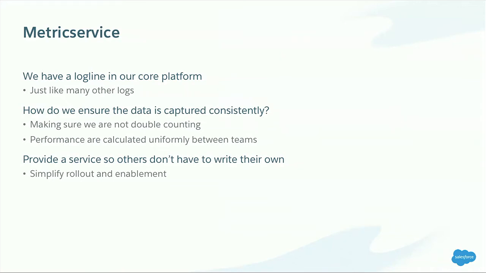But when you're looking at UI, we're building a platform that Sales Cloud, Service Cloud, and different clouds are using. We need to make sure that we're not double counting certain interactions, as well as making sure the performance metrics are consistent. Because if it's not uniform, then you might measure performance one way and the other team measures it another way, and that data won't be very valuable for us to measure against.